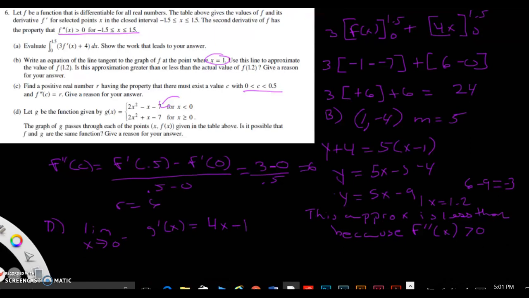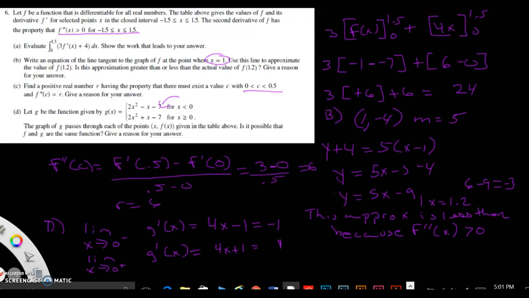And if you plug in 0, you're going to get negative 1. And now if we do g prime of x as the limit as x approaches 0 from the right, that's going to be 4x plus 1, which equals 1.